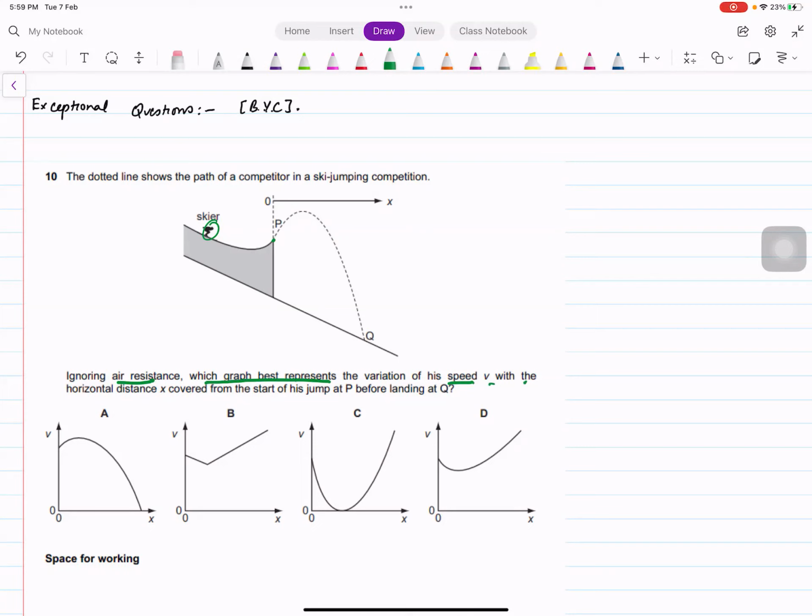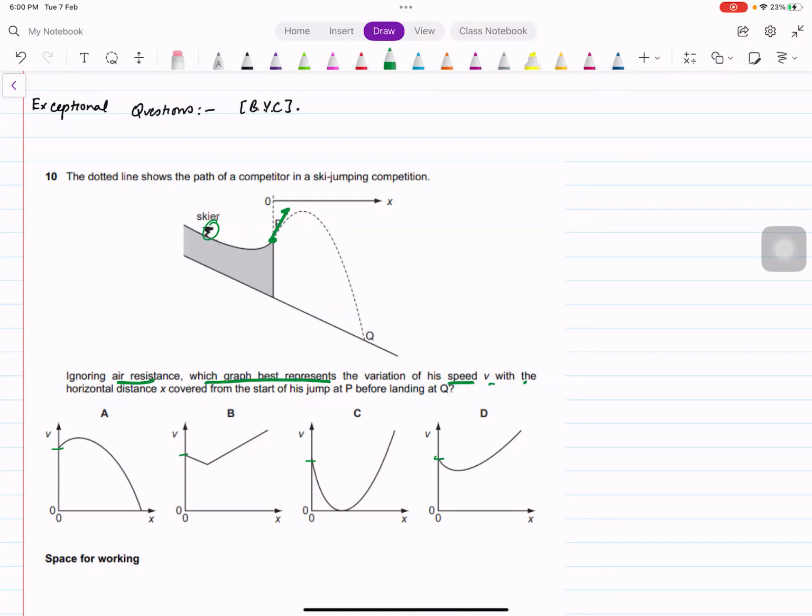So his speed v means that it's talking about the resultant velocity. All right. So when he's at this speed, obviously his resultant velocity is going to be here, right? Which means the graph must start from a certain velocity. All of the graphs start from a certain velocity, and that's absolutely all right.